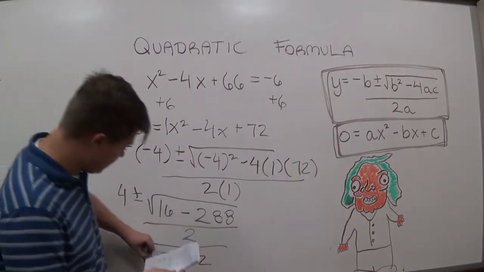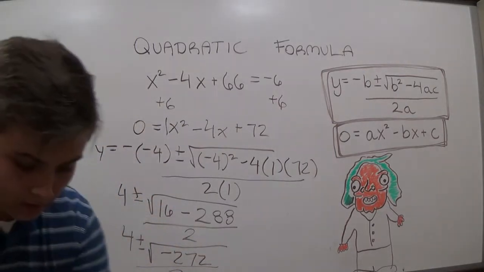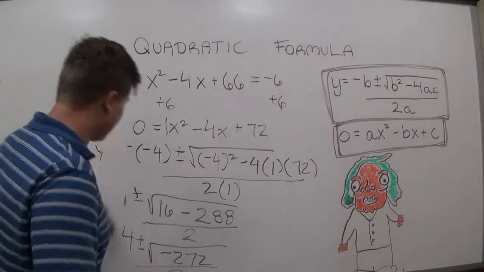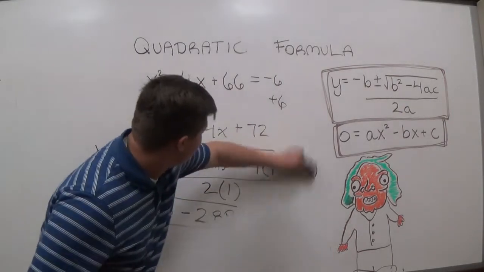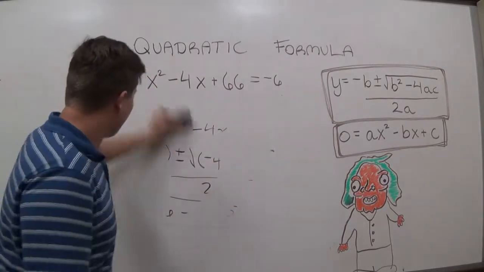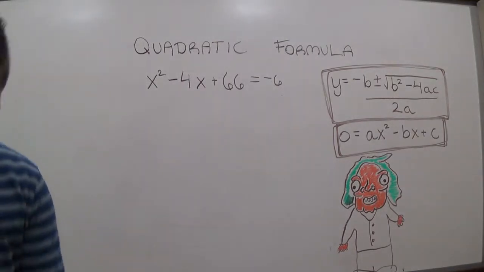So 272, divided by 2. Okay? So now you say, well, hey, Dane, we need to figure out 272. I say, well, that is a good question. That's the next thing we're doing. Alright, so 272.